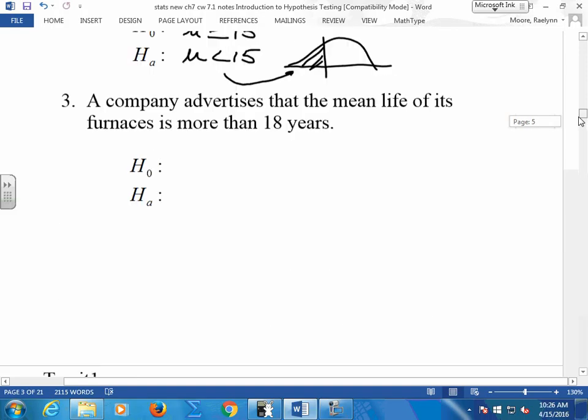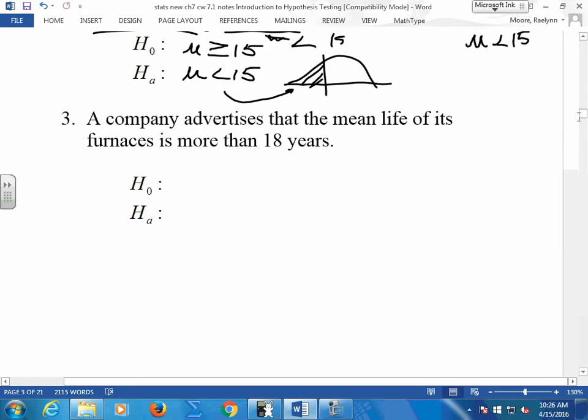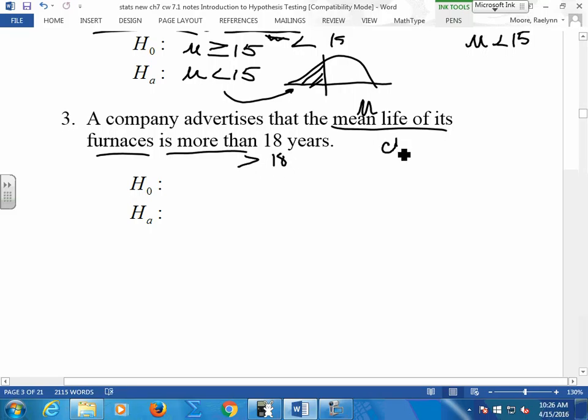Okay, let's try another one. A company advertises that the mean life of its furnaces, all its furnaces, population, is more than, greater than, 18 years. Here's my claim. How do I write that?